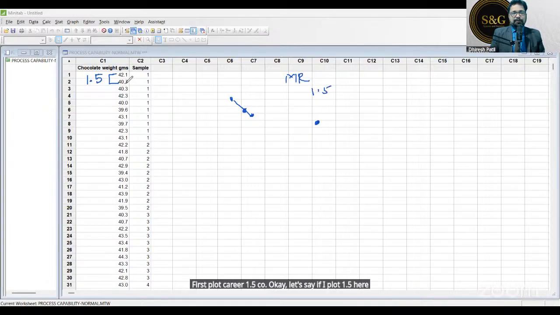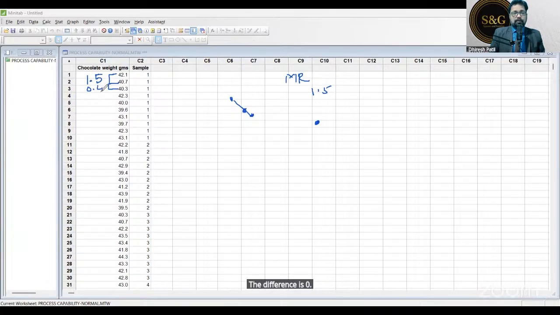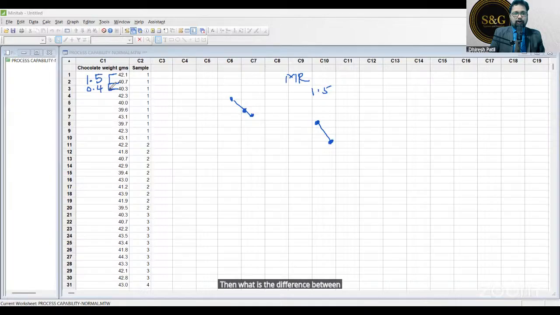Then what is the distance between 40.7 and 40.3? What is the distance between the two? The difference is 0.4. Yes or no? So from 1.5, it has dropped to 0.4, so it will plot 0.4. Then what is the difference between 40.3 and 42.3? The difference is 2. Now it is going from 0.4 to 2 here.